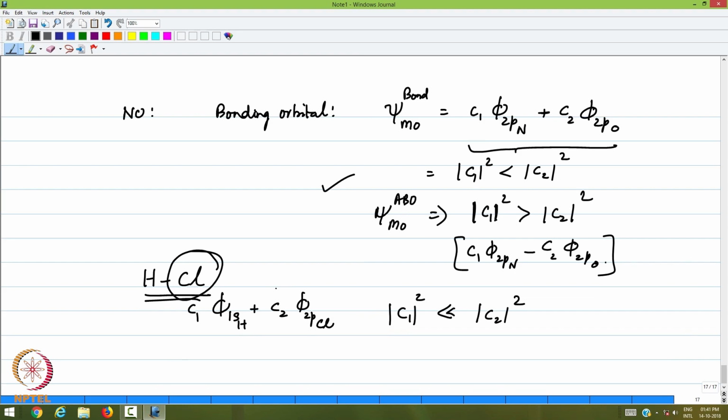Therefore the contribution of the chlorine 2p orbital to the bonding is much more than the contribution of the 1s orbital of hydrogen to HCl. So, this is the other important issue that you have to worry about in the heteronuclear system, that the orbital energies have to be properly assigned.